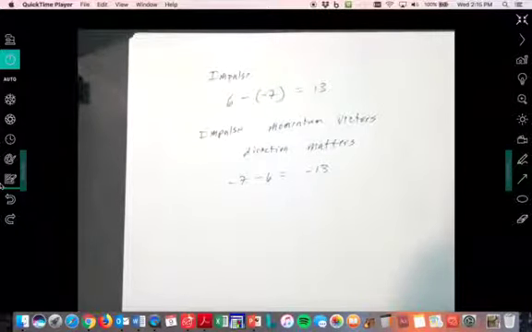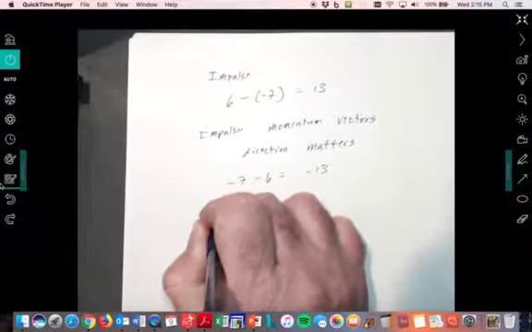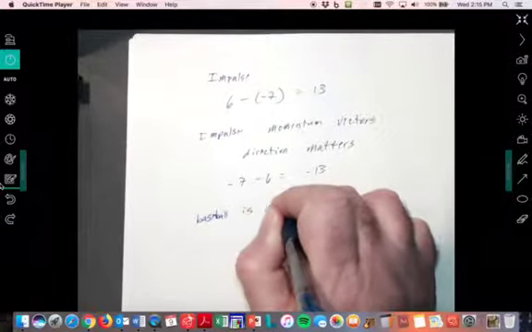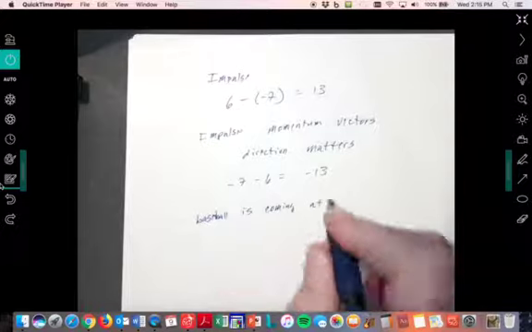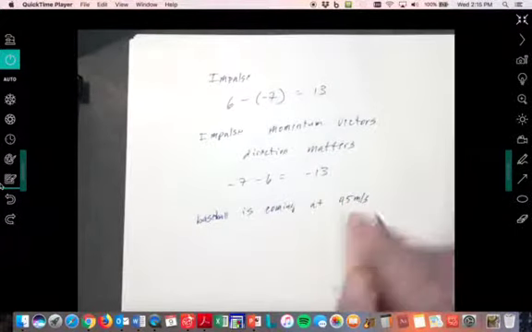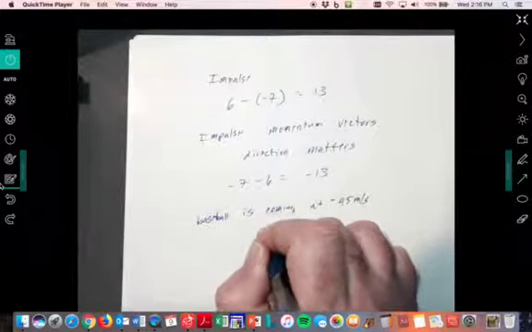So here's an example. Let's say a baseball is coming in at, let's say high school level, 45 meters per second. That's actually pretty quick. In the negative direction. So the baseball is coming in this way.